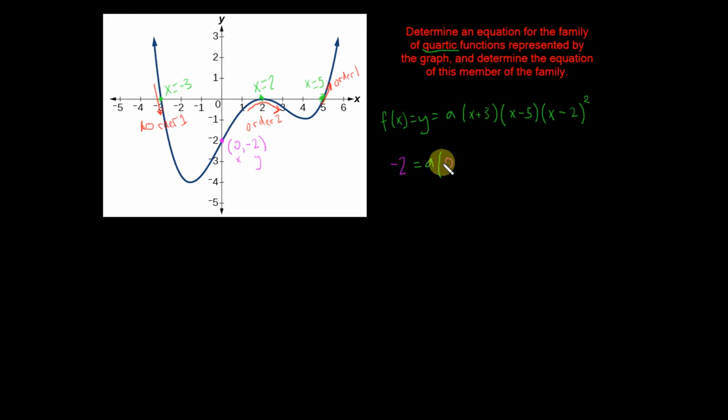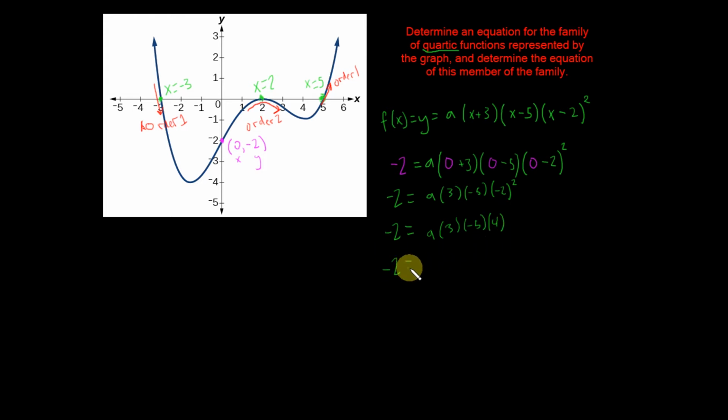So 0 plus 3, and then 0 minus 5, and then another 0 minus 2, and this one is squared. So then if we continue, -2 will be equal to a times 3 times -5, and then -2 to the exponent of 2 is just positive 4.